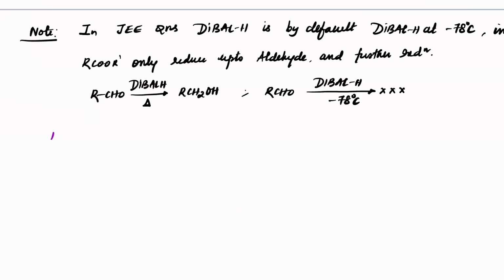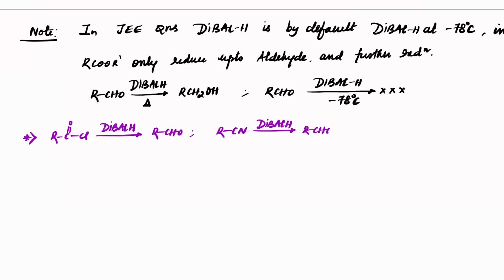And now notice, if you have acid chlorides also, DIBAL-H will react and it will convert into an aldehyde. And if you have cyanides also, DIBAL-H will react, convert into an aldehyde.